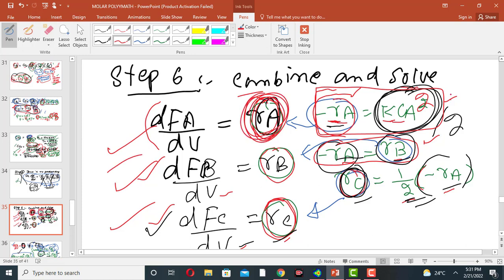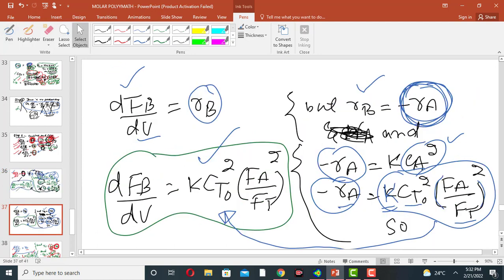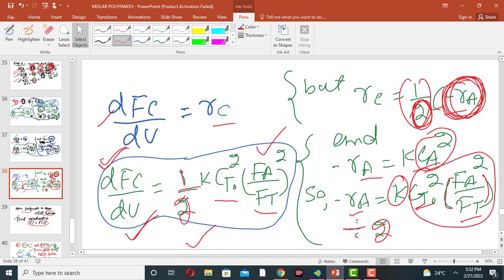This rate was given to us, and we put Ca is equal to Ct0 into Fa divided by Ft, the whole squared, because there was a power 2 on the Ca term. Similarly, for component B we use this relation, and for component C we use this relation.